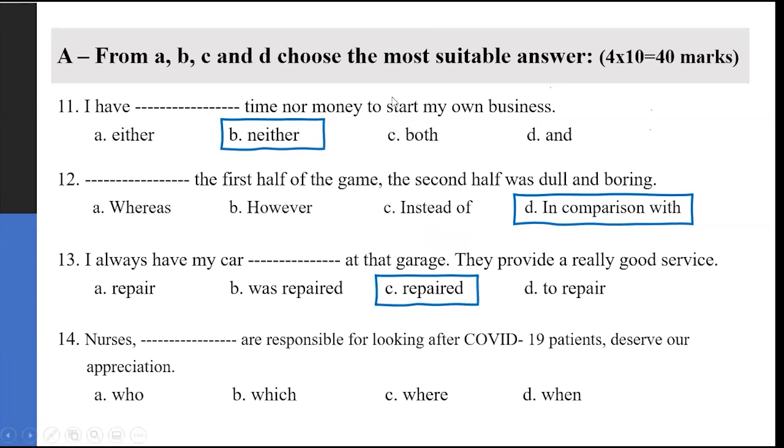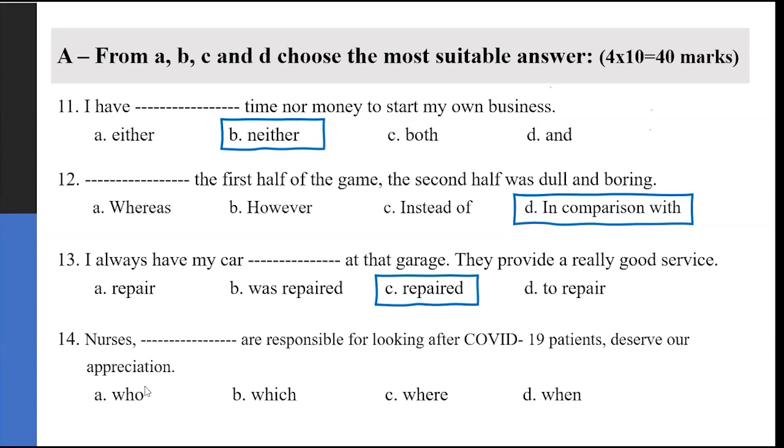Okay, the next one. Nurses are responsible for looking after COVID-19 patients, deserve our appreciation. Yes, Uthman. Who, A. Okay, why did you choose who? Because it's a person, teacher, the nurses. Yes. When we get a question like this, wherever the space is, you have to look at the word that comes before the blank.